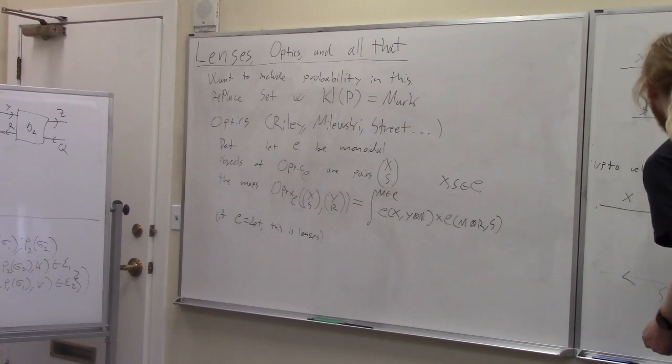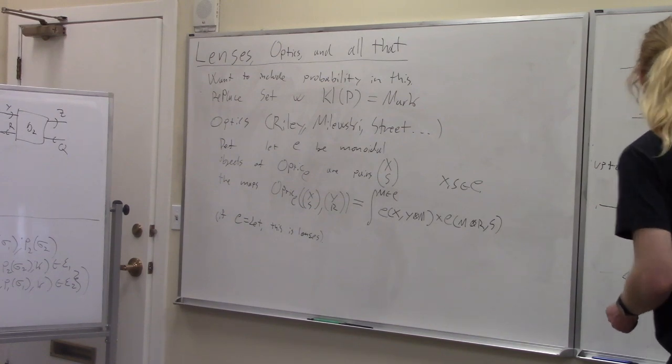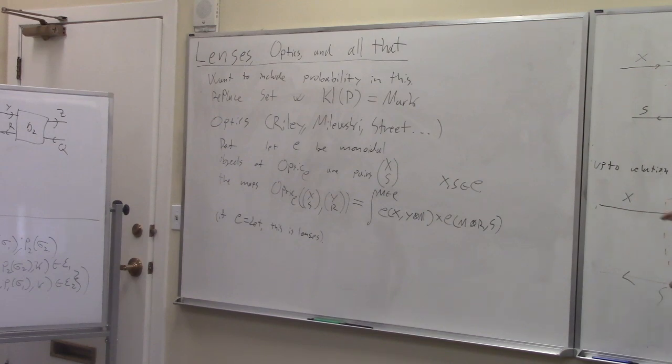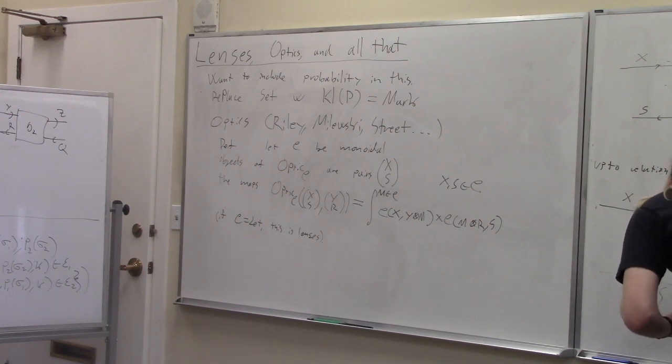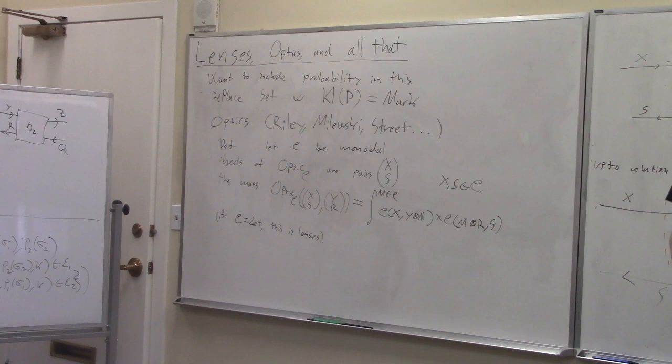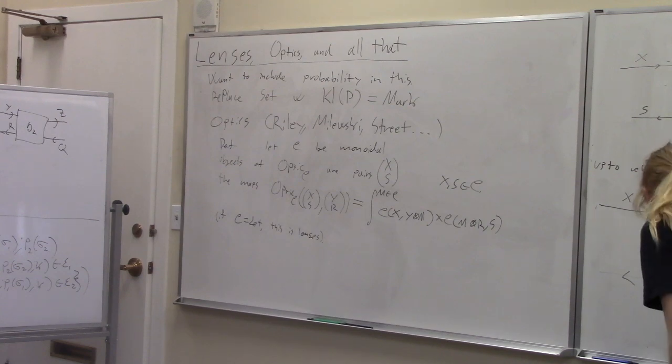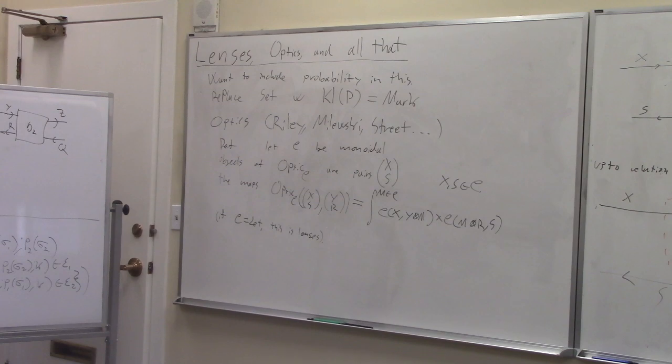there's two ways I can turn this into an optic. I can say that this orange box is a map from X to Y tensor M, and this other orange box is a map from M tensor R to S, and that's an optic.